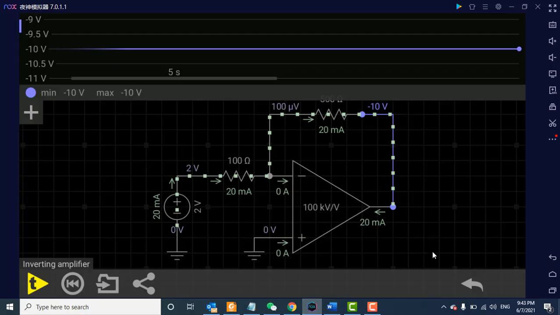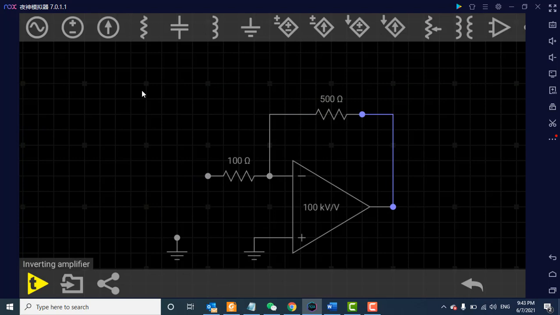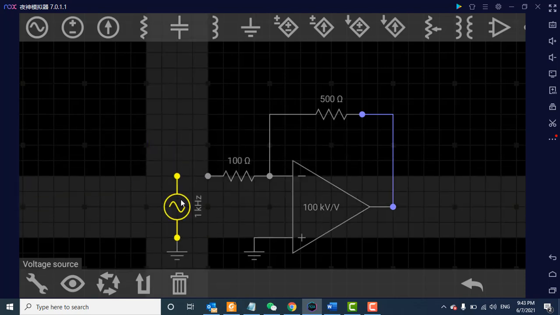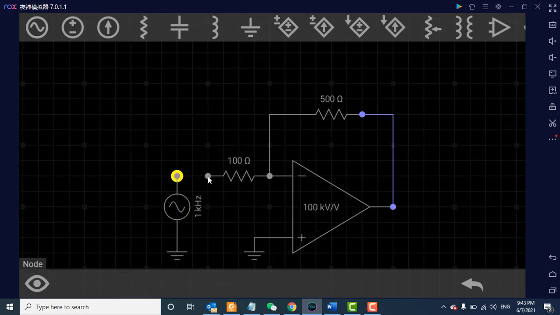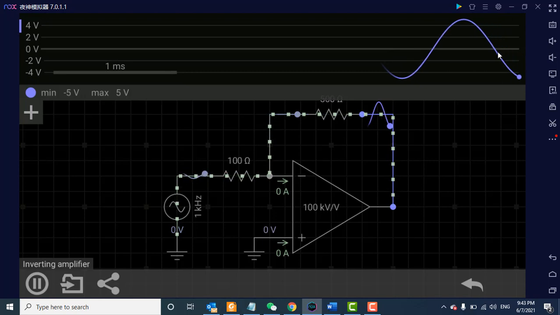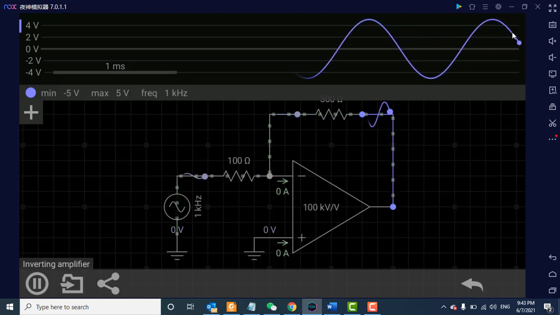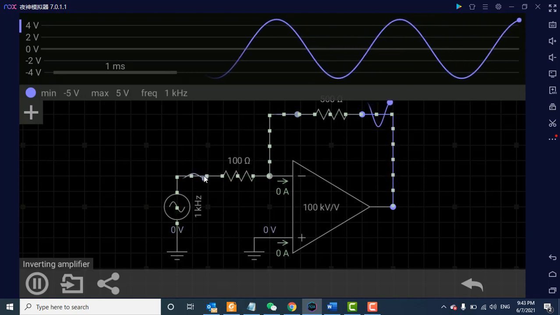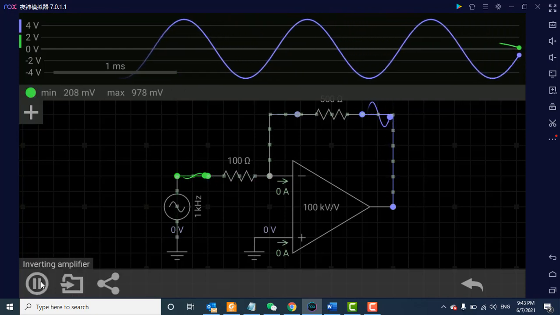So if I go here, let me apply the AC signal. I delete this DC source, and I apply the AC source, and I connect the AC source. Okay, now if I run the simulation, this is going to show you the output. Let me show you the input also at the same time.